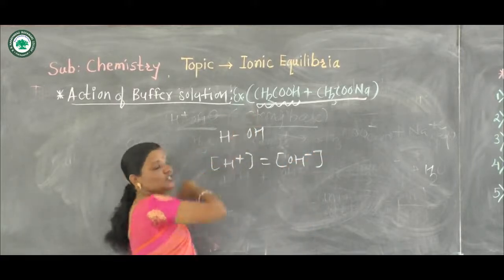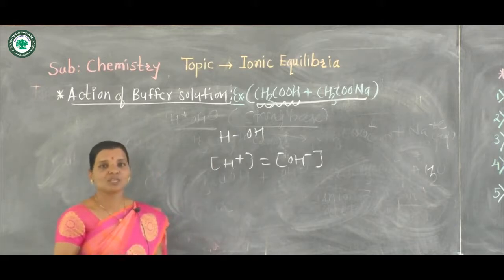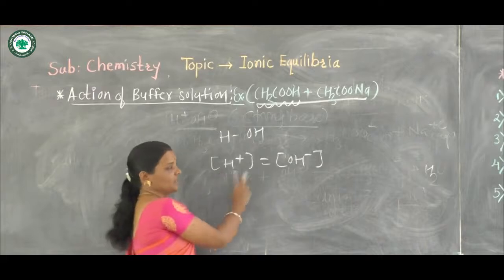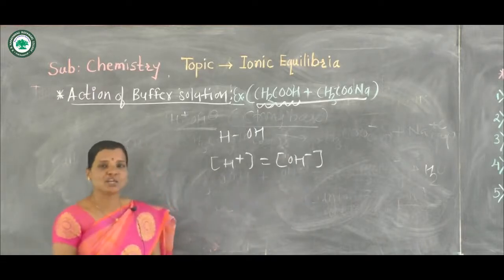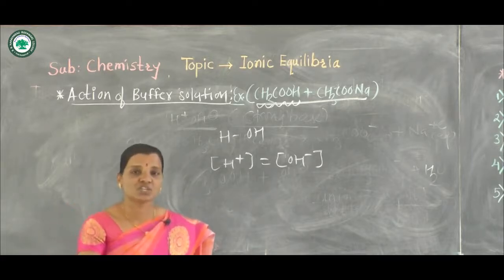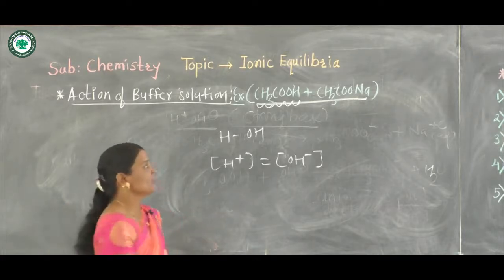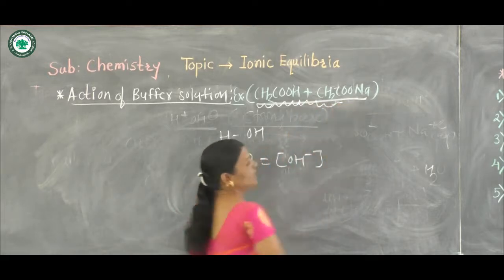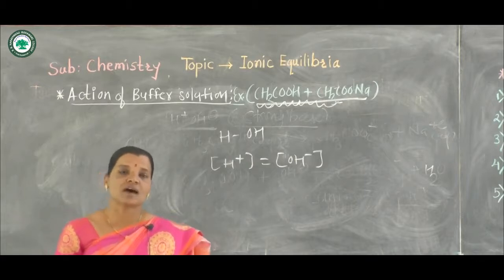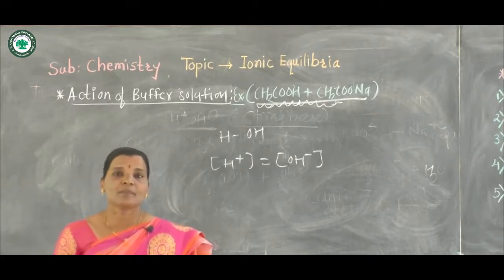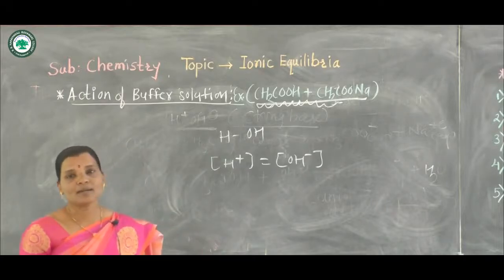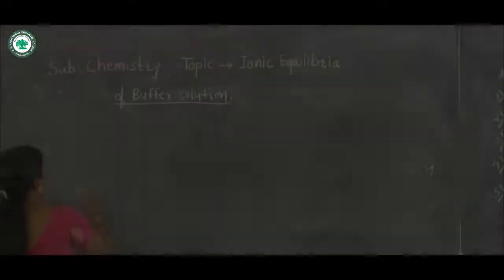If this buffer solution is diluted by using water, the concentration of H plus ion still equals the concentration of OH minus ion, and hence there is no change observed in the pH of this buffer solution by dilution also, and hence buffer solutions are used to maintain the pH of the solution. Now let us see what are the properties of buffer solution.